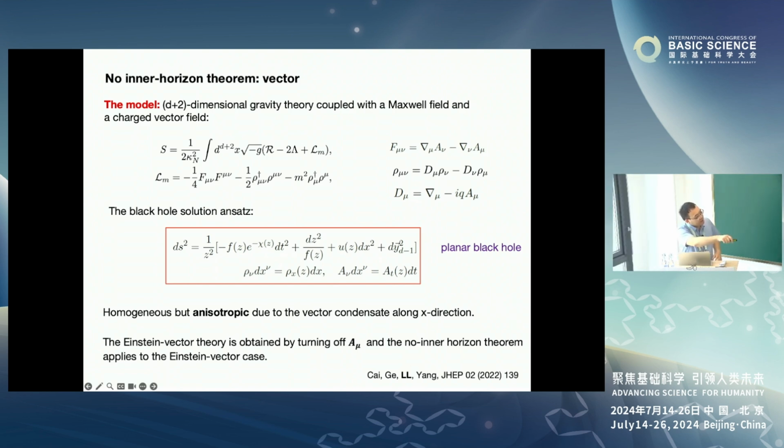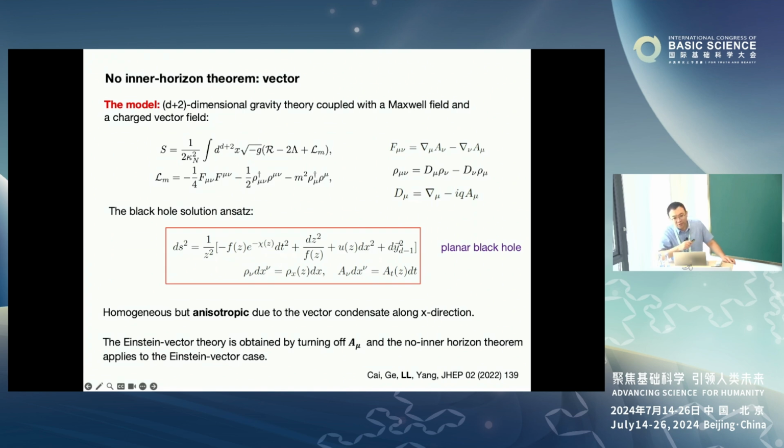For example, consider this case. This vector has a condensation along the x direction, one of the spatial directions. So you see the system becomes anisotropic. The x component and other spatial components are not equivalent to each other.